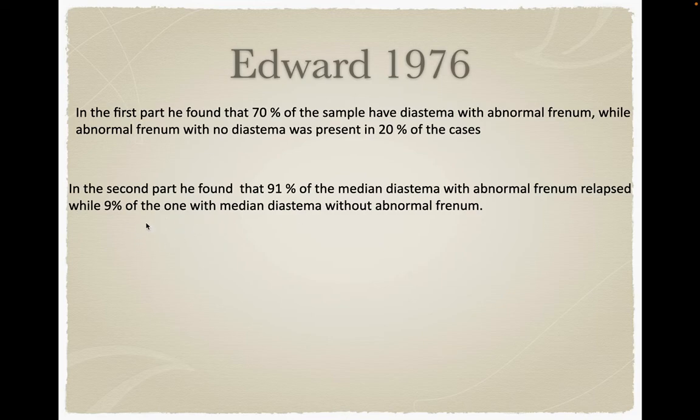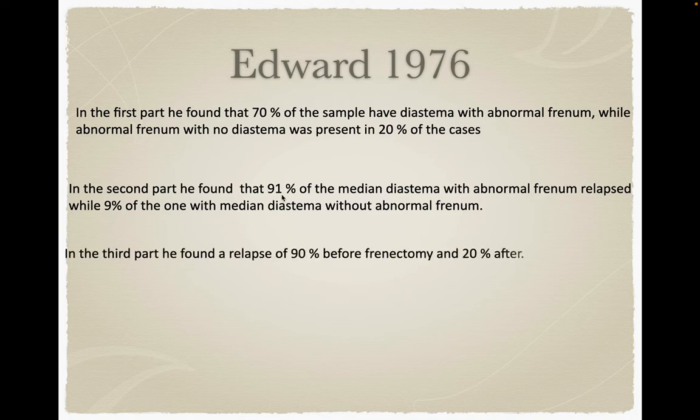However, if the median diastema was not associated with the frenal attachment, the relapse was only 9% of the cases. So from these numbers, you can say that high frenal attachment increased the risk of relapse by 10 times, from 9% up to 91%. So what did he find in the third part?